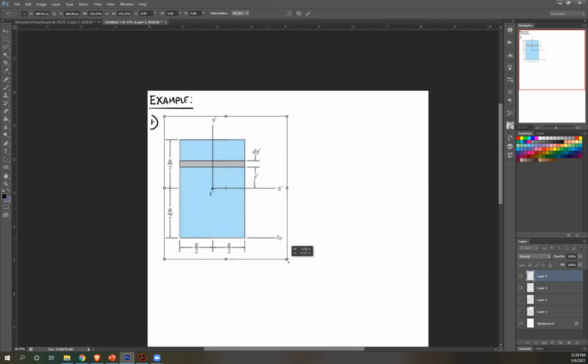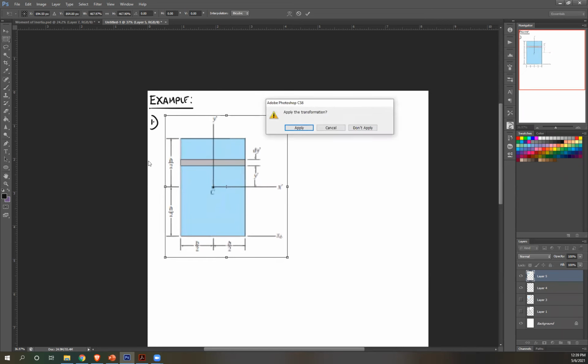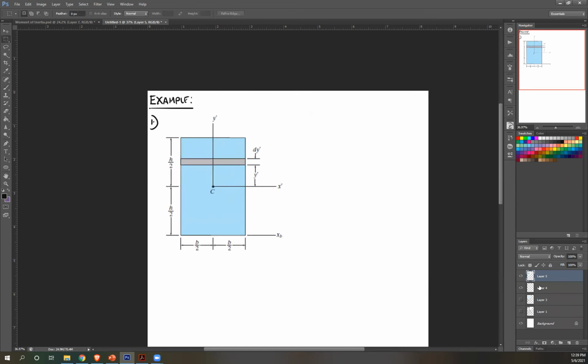Okay. So let's start with letter A. Moment of inertia about the centroidal axis. This is your centroidal axis.